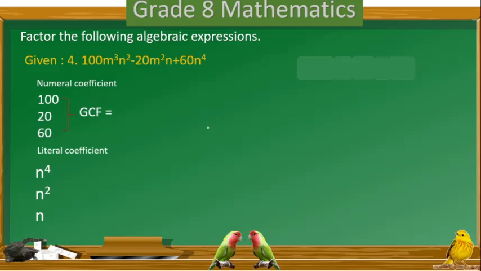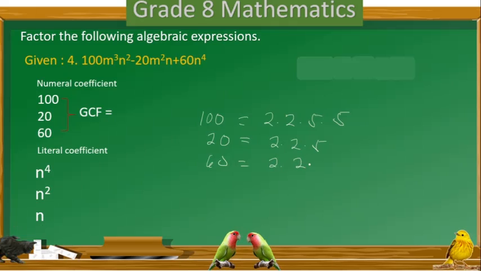To find the factor of 100, 20, and 60: for 100, that is 2 times 2 times 5 times 5. For 20, that is 2 times 2 times 5. Then for 60, that is 2 times 2 times 5 times 3.